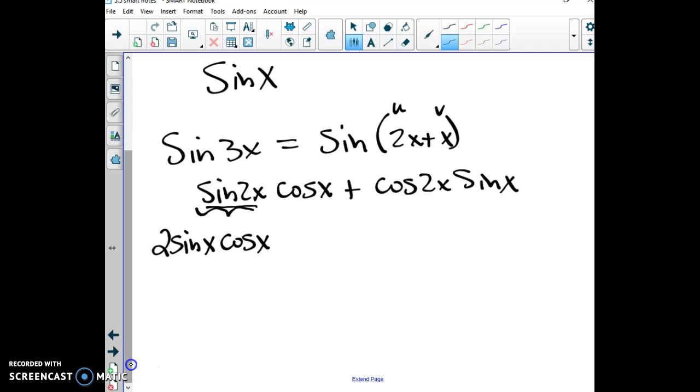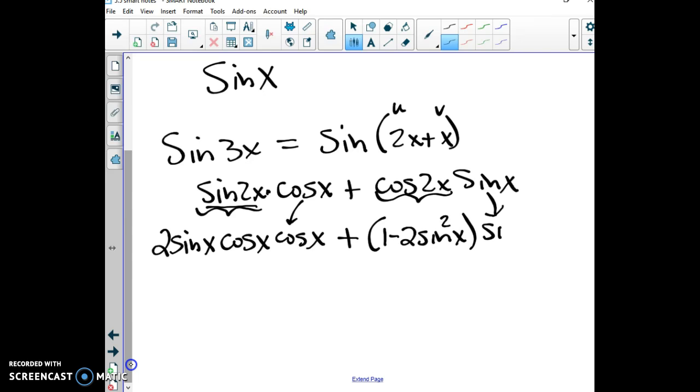That's this part. And we're going to multiply it by another cosine x. To that we are going to add, we're going to simplify this one first. The cosine of 2x is 1 minus 2 sine squared x. Now we bring this guy down, times the sine of x.